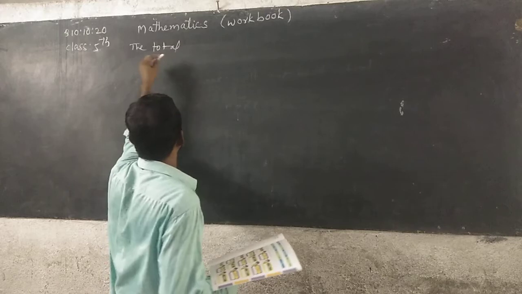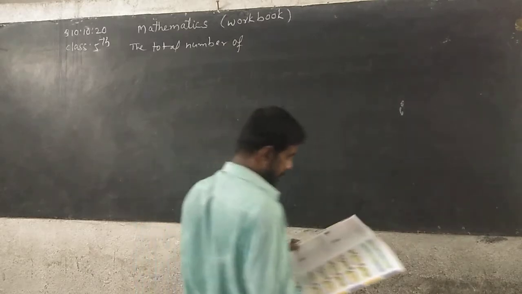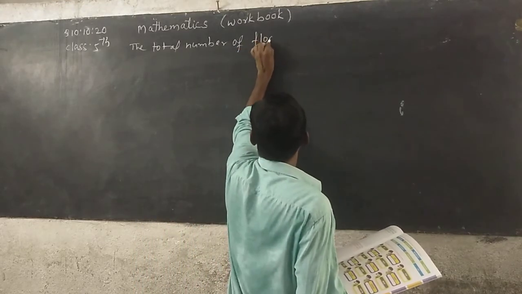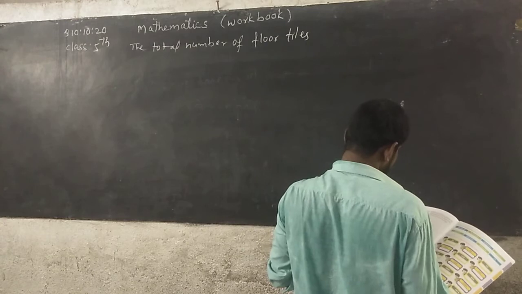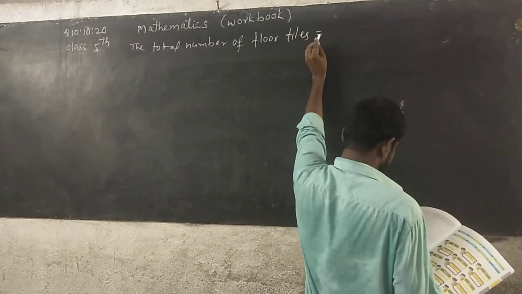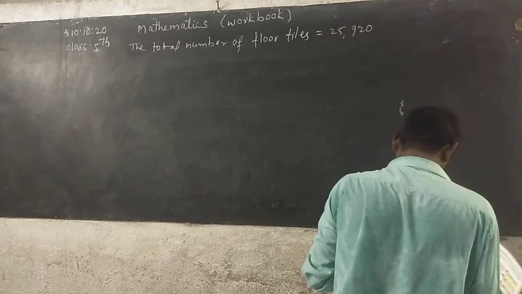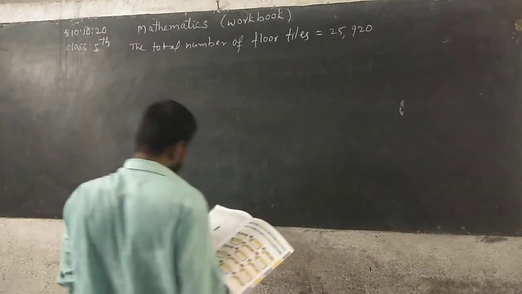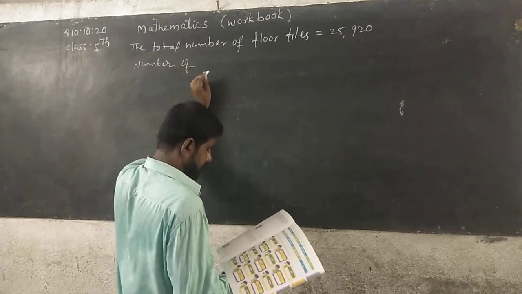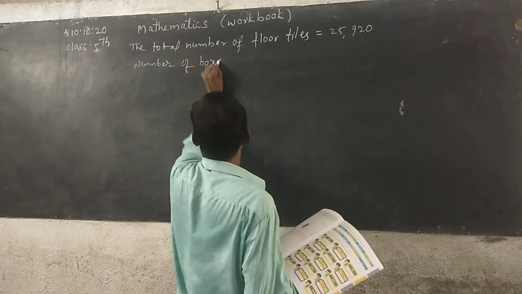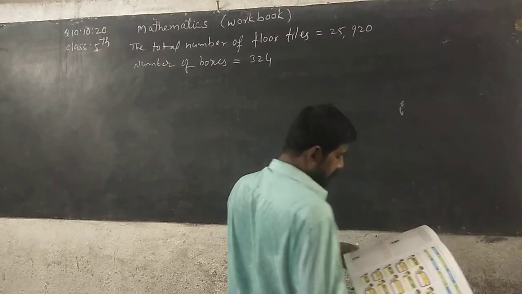The total number of floor tiles is equal to 25,920. Number of boxes is equal to 324.